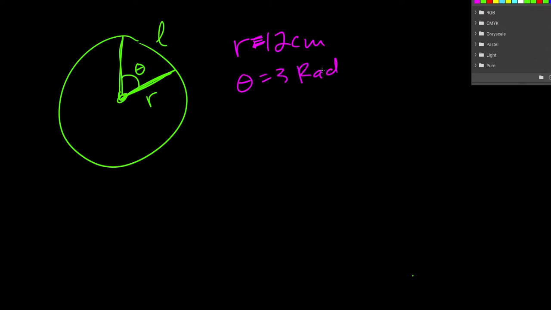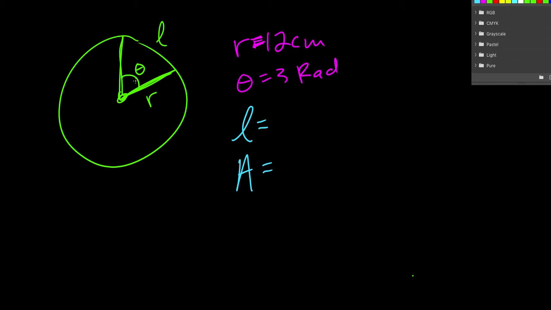Now the important thing, for the formulas we're going to be using today, your angle has to be measured in radians. So if it's not, you need to watch the previous video, convert it into radians, and then use this process. And then we want to find the arc length, and we also want to find the area, how much surface area is on the piece of pizza.